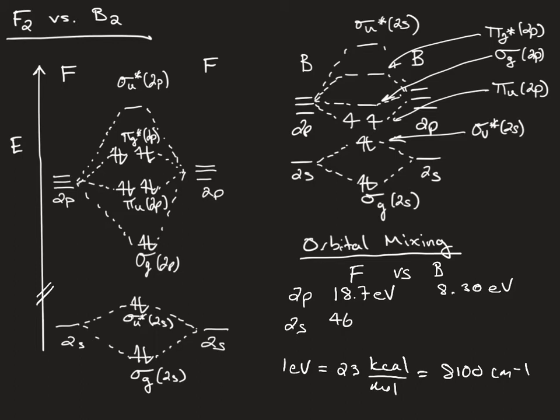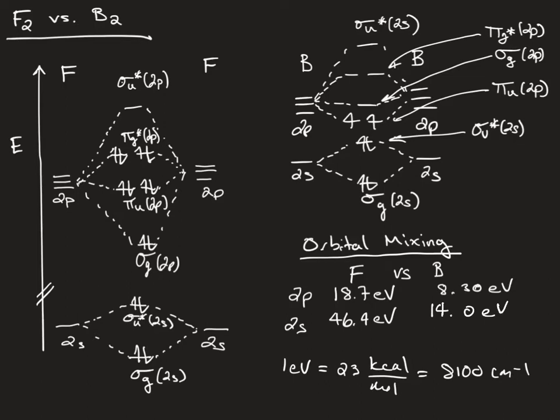It's 46.4 electron volts. And we can compare this with the 2s electron ionization energies for boron, which are 14.0 eV. As we can see, there's a significantly closer energy match between the 2s and the 2p's in boron than there is in fluorine.